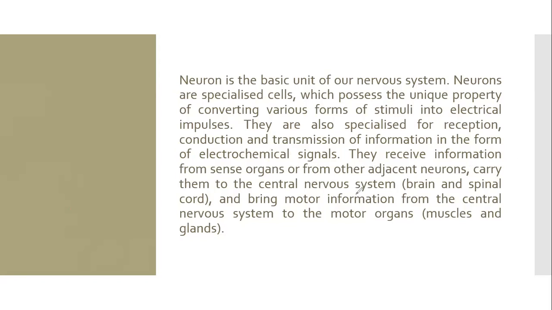They carry the information to the central nervous system, the brain and spinal cord. Brain and spinal cord are part of the central nervous system. There is also the peripheral nervous system, and multiple types of nervous system. The main system connected to the brain and spinal cord is the central nervous system.